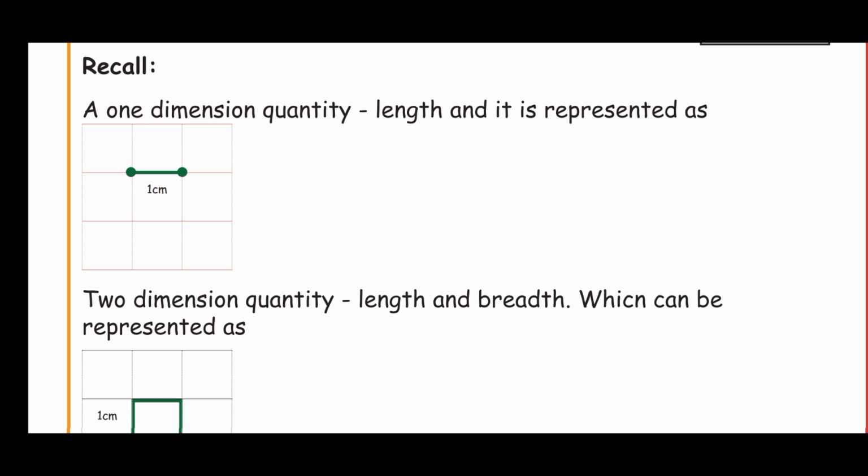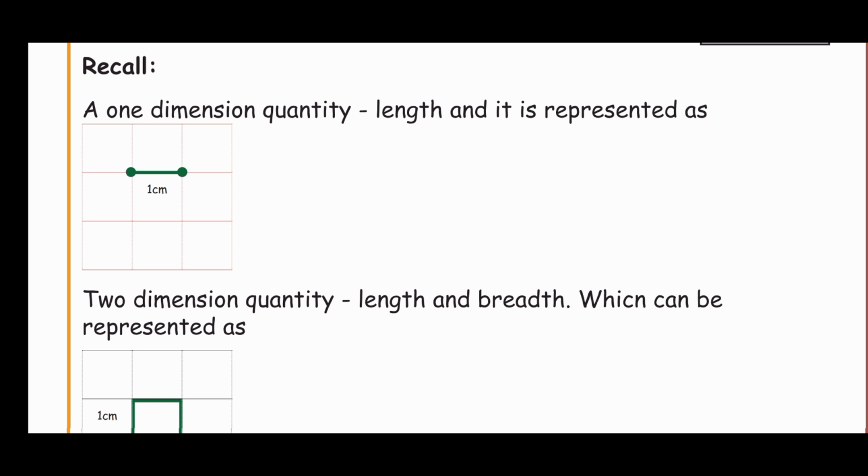Next one, two dimension quantity, length and breadth, which can be represented as a box type structure. For that we can give an example such as a sheet of paper. So it has length and height.